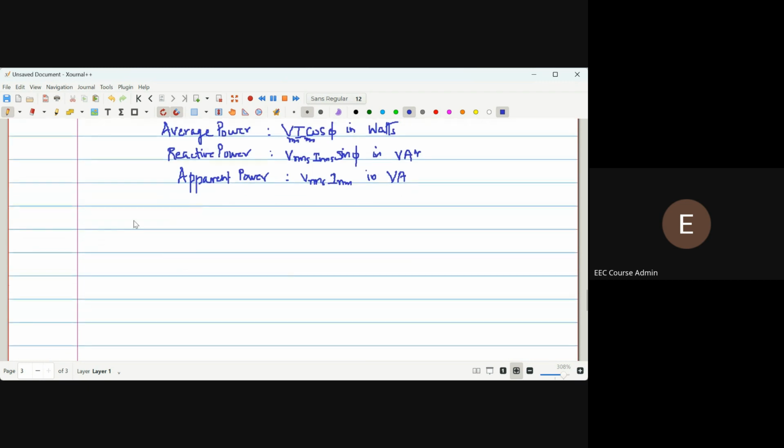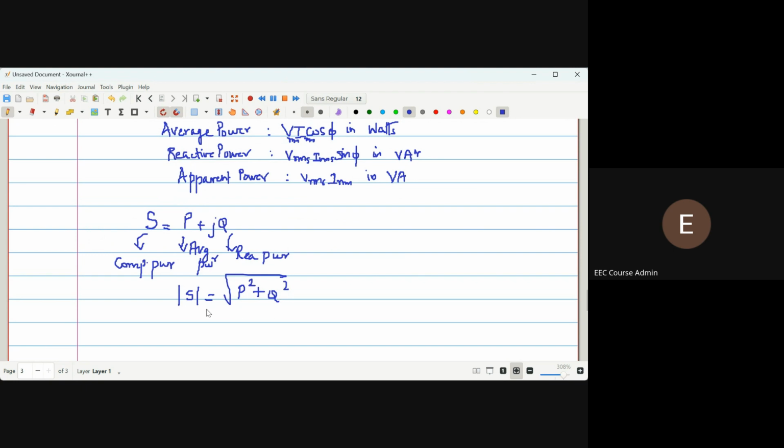So the complex power S is P plus jQ, where P is the average power and Q is the reactive power, and the modulus of S will be root of P squared plus Q squared.